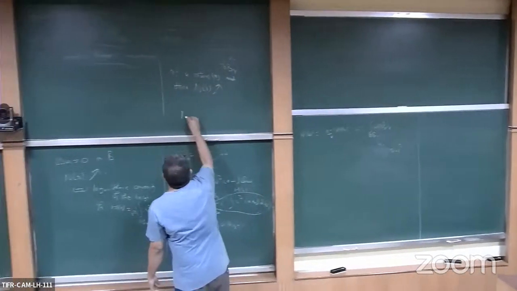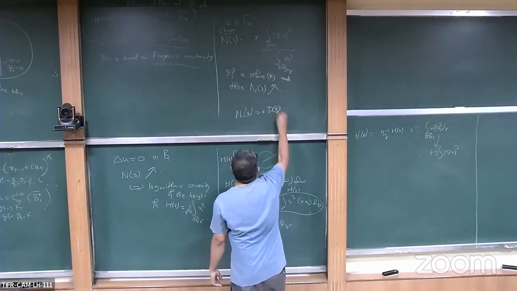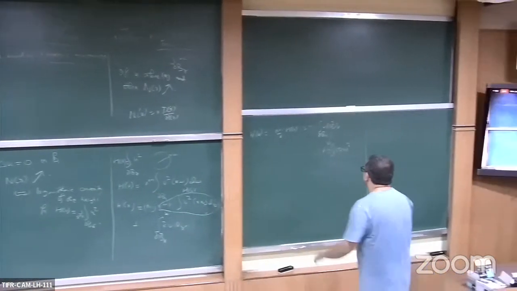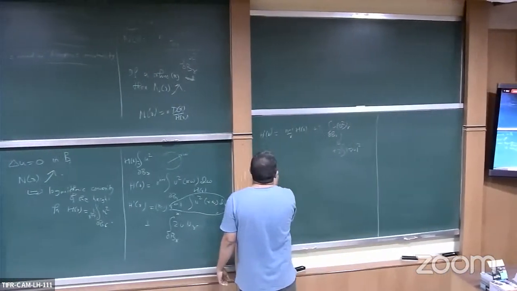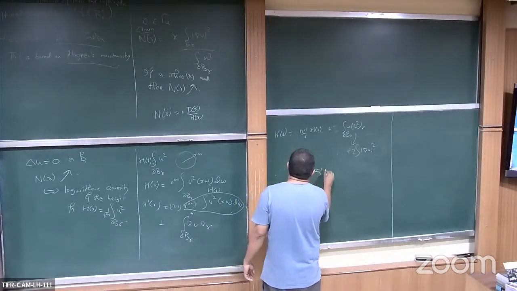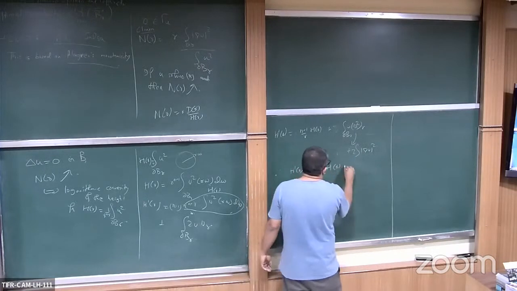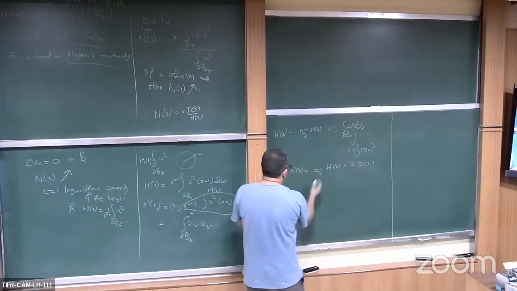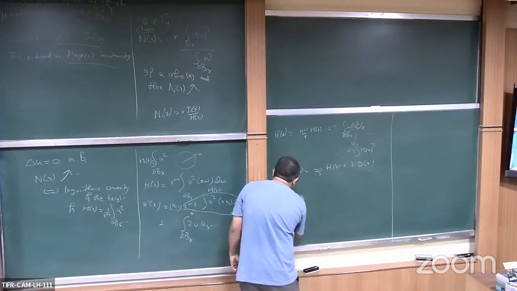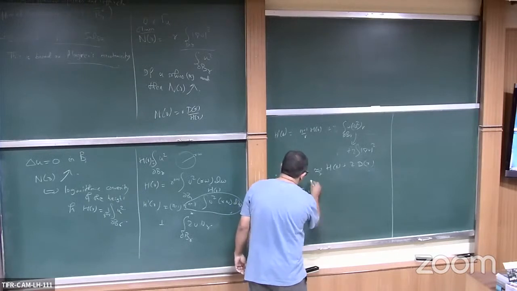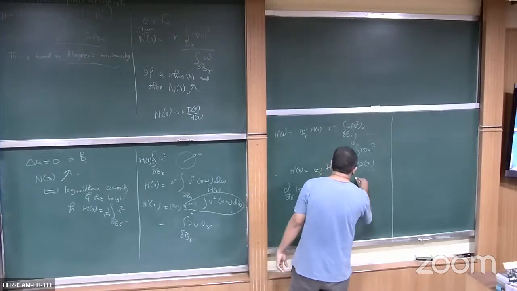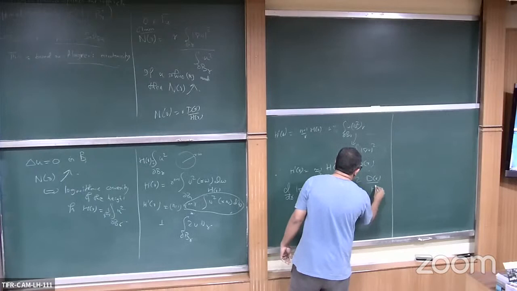So I will just write n of r as r dr over h of r, where d is the Dirichlet energy over a ball of size r. Okay? So therefore, what I have is the following: h prime of r equals n minus 1 by r h of r plus 2 dr. Then I divide by hr all throughout, and it is simply d by dr of log of h of r over r to the n minus 1, and this equals 2 dr over hr.